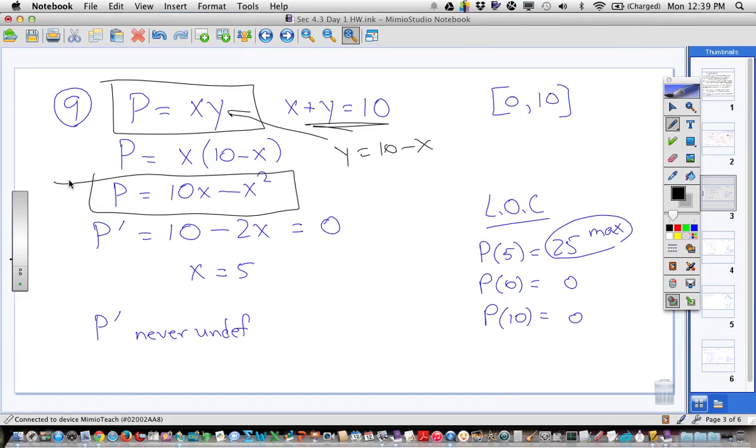Or did it say positive? Or it didn't say at all? Oh, they just said non-negative. Okay, two non-negative numbers. So it could be 0, right?